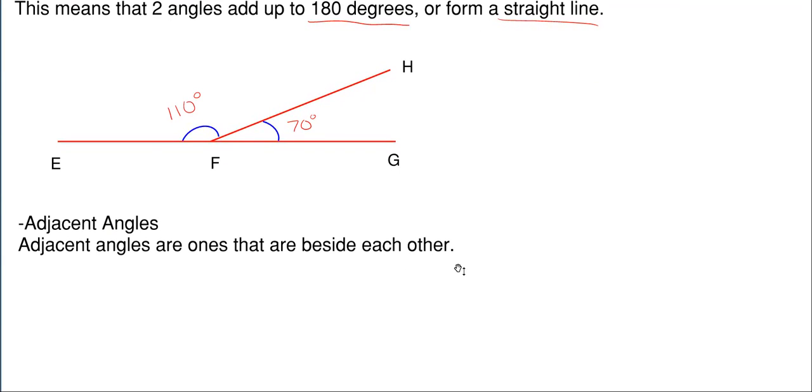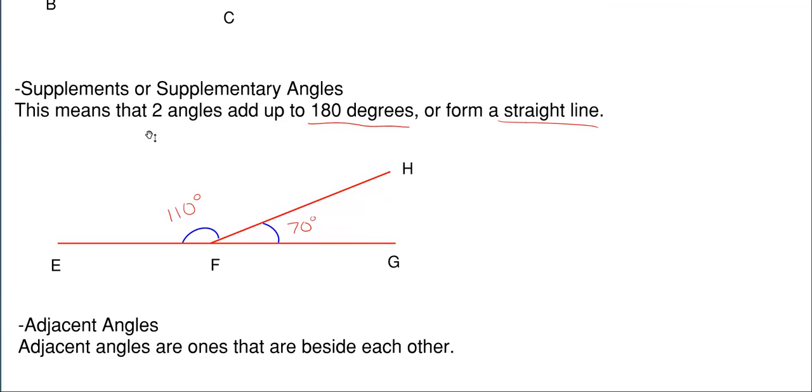And then we have adjacent angles. But before I go on to adjacent angles, let me go back a little bit. An easier way to remember the definitions between a complementary and a supplementary angle is this.